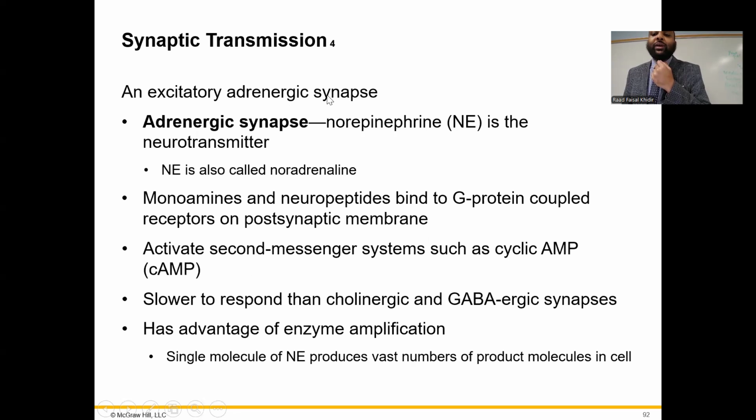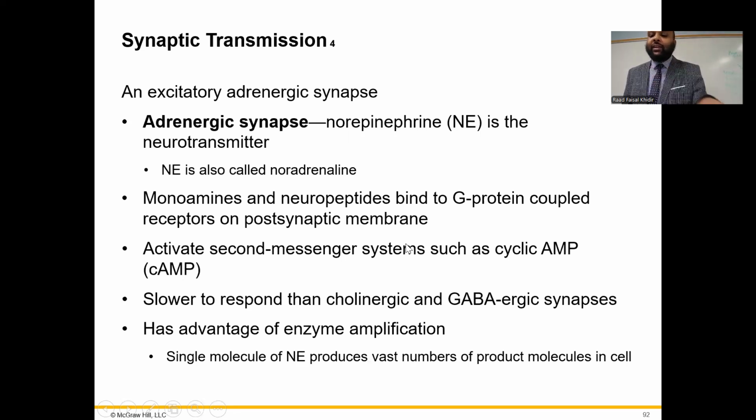Now, an excitatory adrenergic synapse involves norepinephrine. But here we're not dealing with an ion channel. Here, we're dealing with norepinephrine, also known as noradrenaline. It is responsible for initiating a second messenger. Also, the monoamines and the neuropeptides bind to G protein coupled receptors at the postsynaptic membrane.